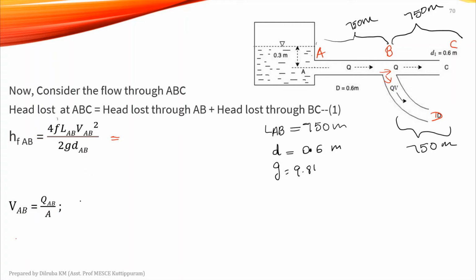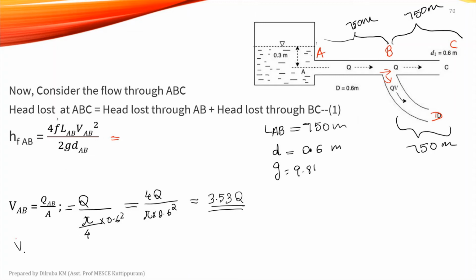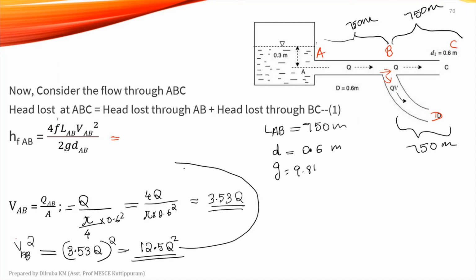I'm calling it Q. Discharge AB is Q itself, and area of the AB portion is pi by 4 into 0.6 square, or I can write 4Q divided by pi into 0.6 square, which equals 3.53 Q. So V square AB will be equal to 3.53 Q whole square, which is equal to 12.5 Q square.